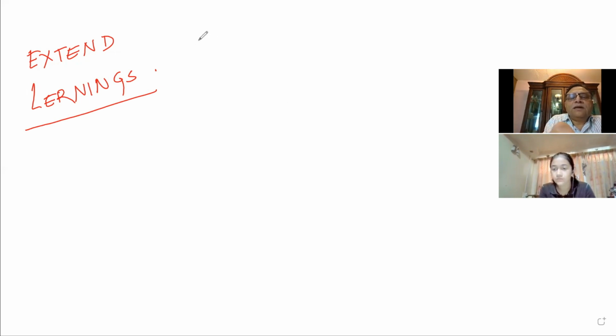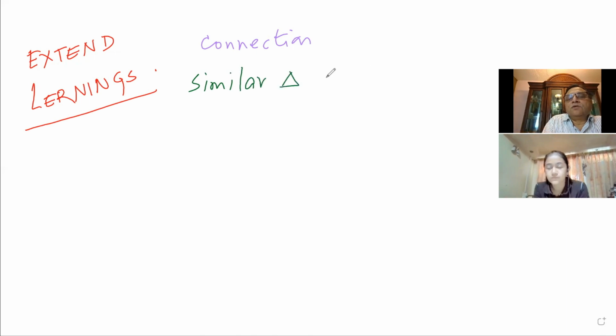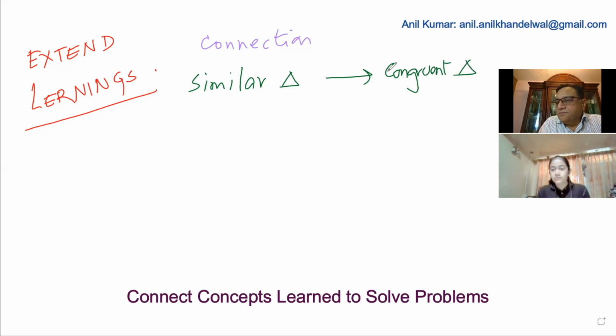We have made a connection from similar triangle to congruent triangle. How? The connection is that the scale factor is 1.